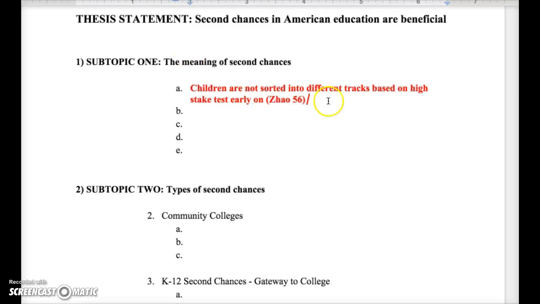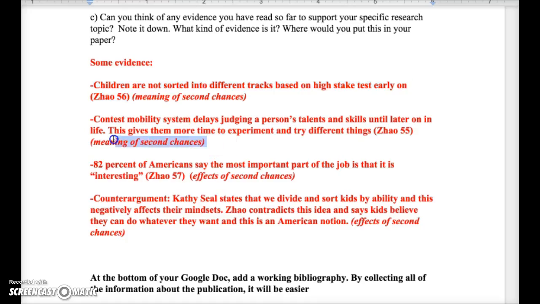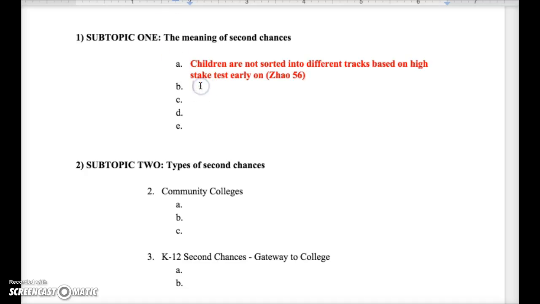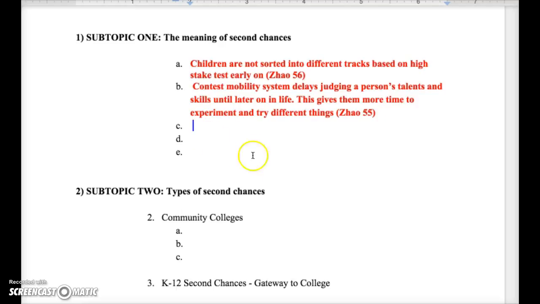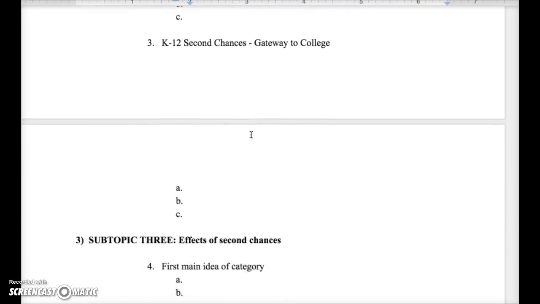So this from Zhao, this idea is from Yong Zhao, and it corresponds to the meaning of second chances. And I've got another definition here of what it means to have a second chance in education. I'm going to put that there. I don't just want information from Zhao, I want a variety. So I'm going to go back and find more evidence, right? But Zhao has a lot of good ideas.